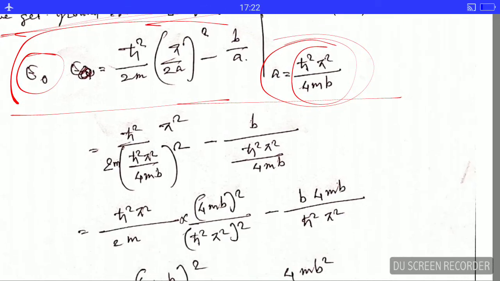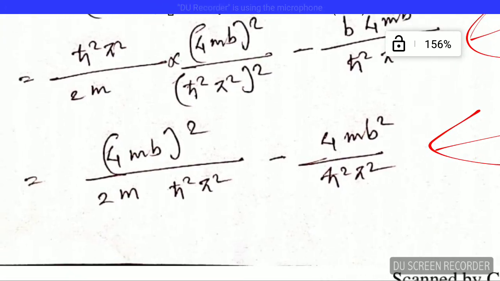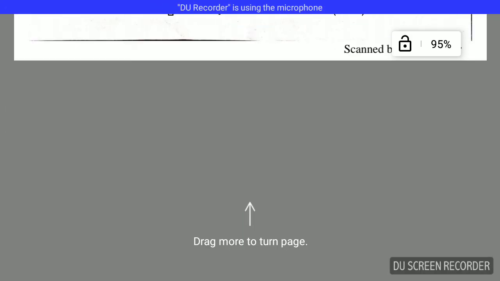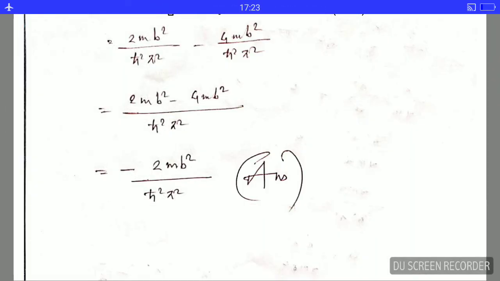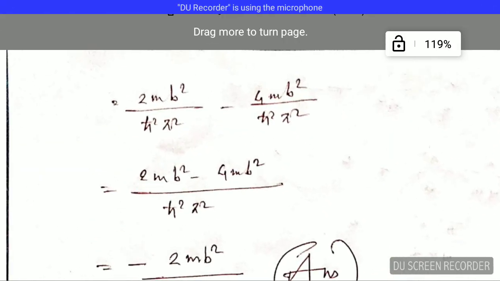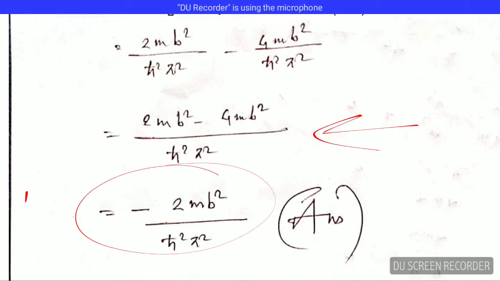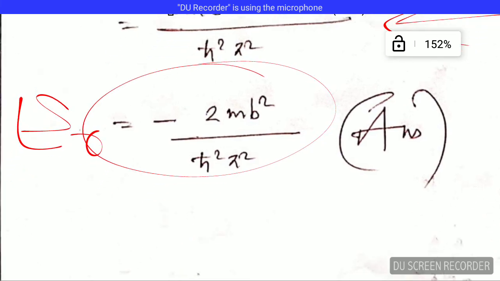I have put that value of A and then simplified it further, and again simplified it. You can see that. Then I have taken the LCM, and this is the answer. This is E0, the answer to your question. This is how the variational method works.